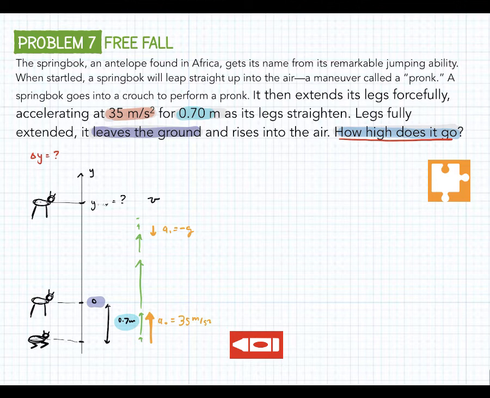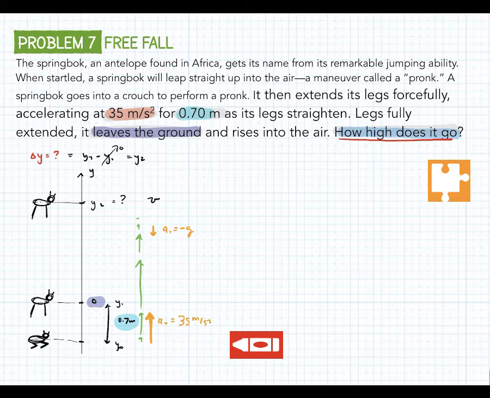We'll call this point y1, which is 0, and this y0. Delta y is going to be equal to y2 minus y1. But remember, y1 is 0, so delta y will be equal to y2.